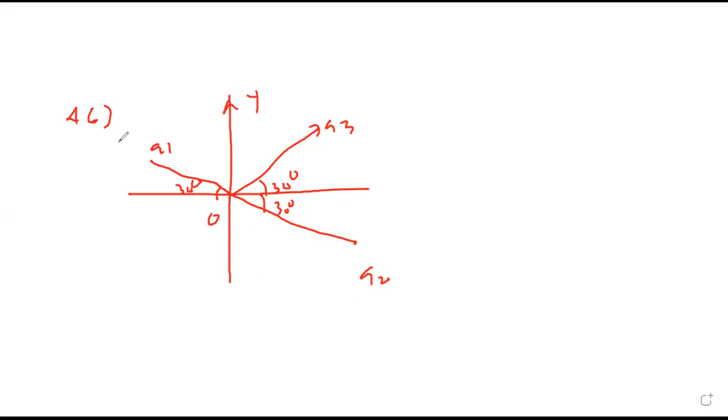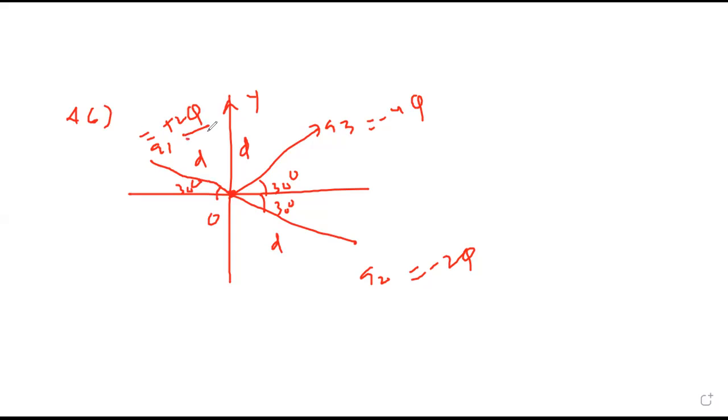Figure represents Q1 equals plus 2Q, Q2 minus 2Q, Q3 minus 4Q. Each are at distance d from origin. Find the net electric field at origin.